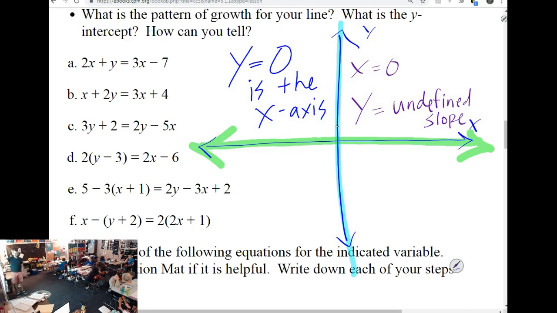Because if I look at the line that is on the y-axis, my rise is an infinite amount, or countable, doesn't matter, but my run is 0. We can't divide by 0. So for the line that is vertical on the axis, it doesn't have a slope because you can't divide by 0.